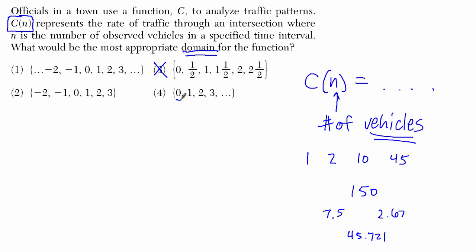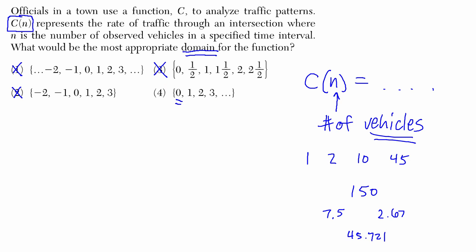That's a valid number. So 0 could be allowed, but anything negative doesn't make sense. So we wouldn't say we have -1 cars or -2 cars going through the intersection. So we can eliminate these as well because they have negative values in this set, and n cannot take on negative values because it represents the number of something, and this something can only be whole numbers.